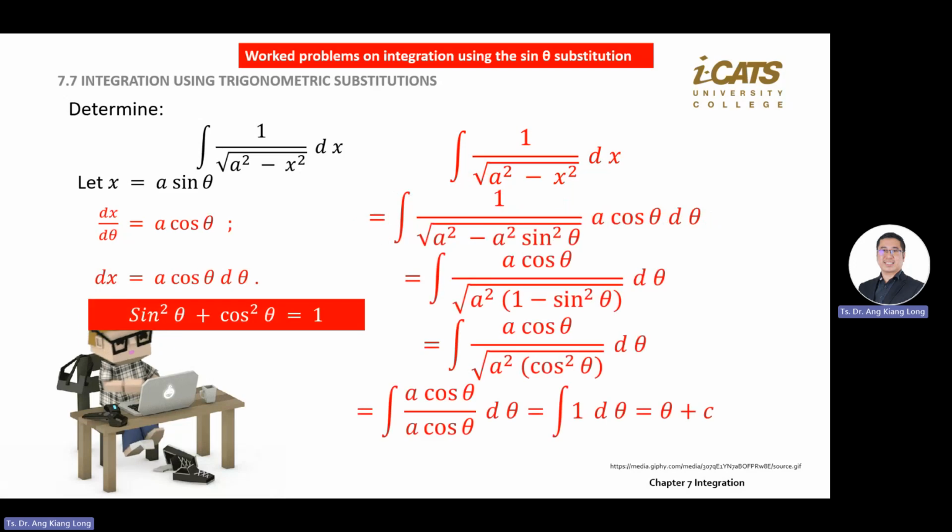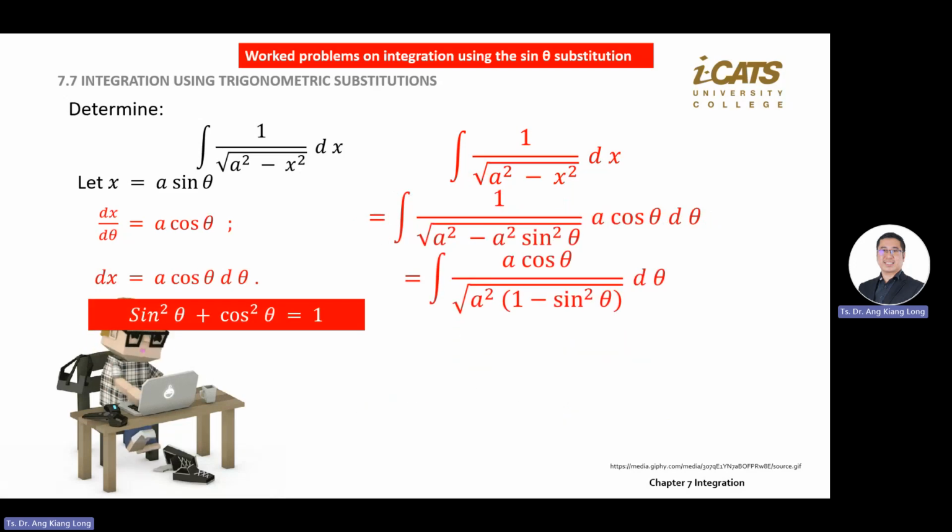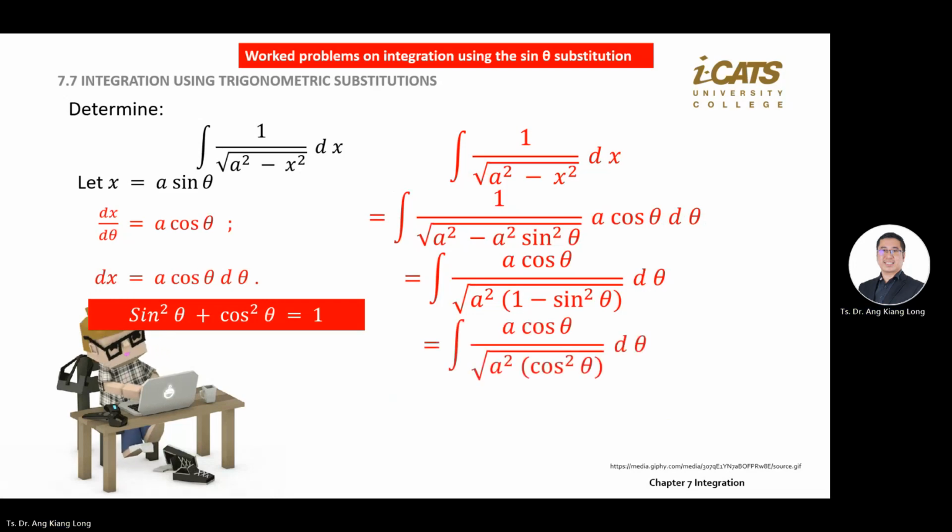Okay. So this part is when the question asks you to convert by trigonometry substitution, where it asks you x equal to a sine theta. This one is in question 65, right? 61, is it? Yeah.